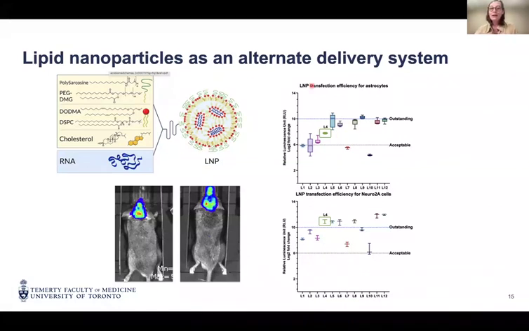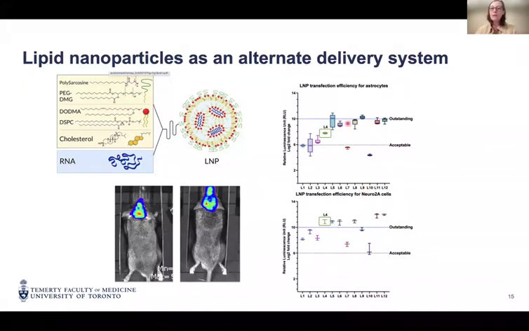This is the first test where they tried all of these different combinations of lipids, and they were looking at whether they could deliver the cargo, which was the firefly luciferase that makes light, into astrocytes or neuron-like cells.